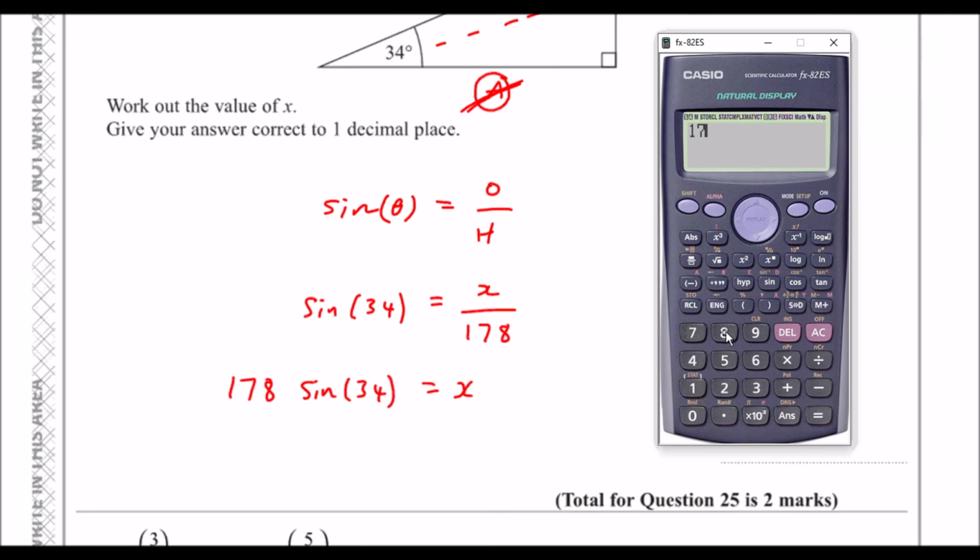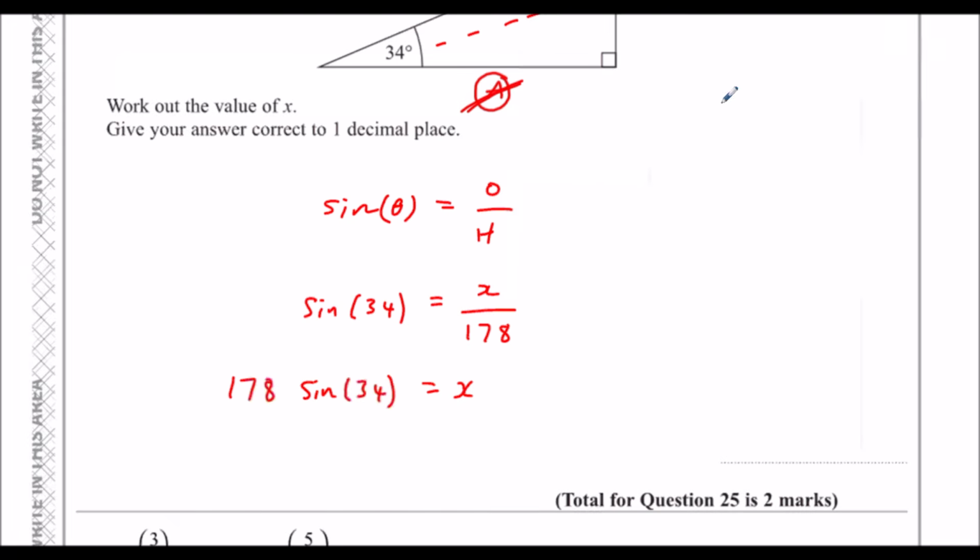You don't have to write the times sign. The calculator will do it automatically. You can write it, you just don't have to. So 178 sine 34 equals, and to 1 decimal place, I've got 99.5. So that's 99.5.